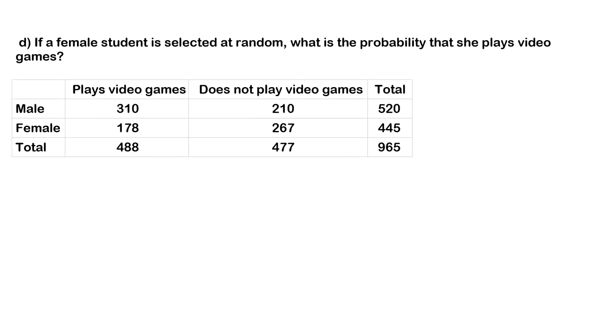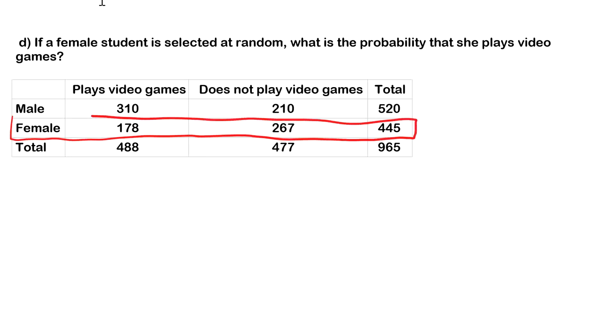D, if a female student is selected at random, what is the probability that she plays video games? This time we're only looking at female students, so we're only looking here. And of those, we're looking at plays video games, so the 178.